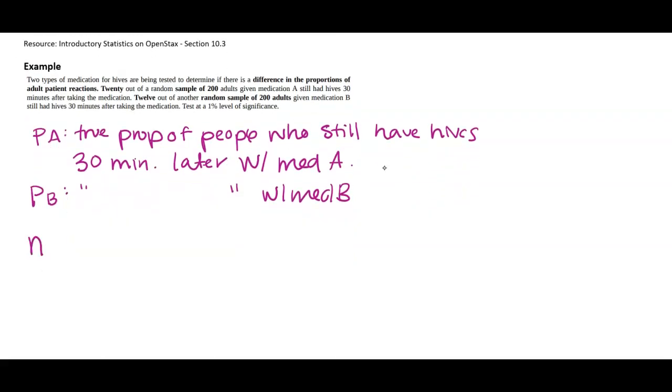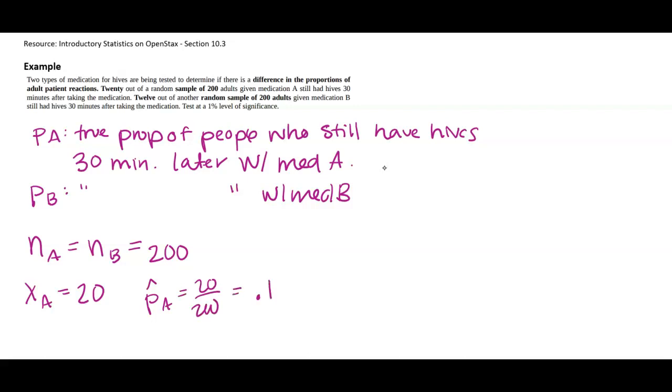We have nA and nB, and they are the same. They're both 200, but 20 is our xA, so our p-hat, 20 out of 200, would be 10%. And our xB, our successes here being that they still have hives, is 12. So 12 out of 200, or 6 out of 100, so 0.06.